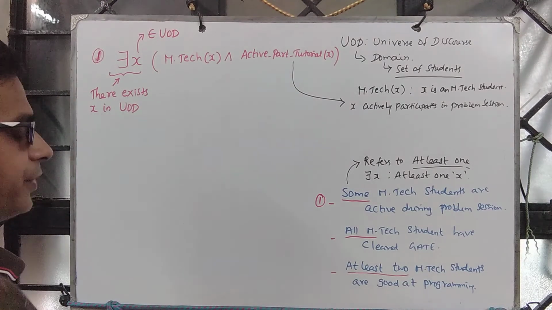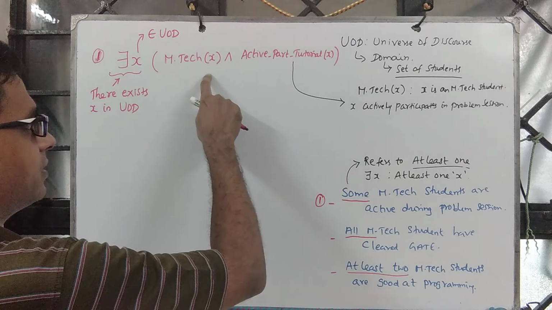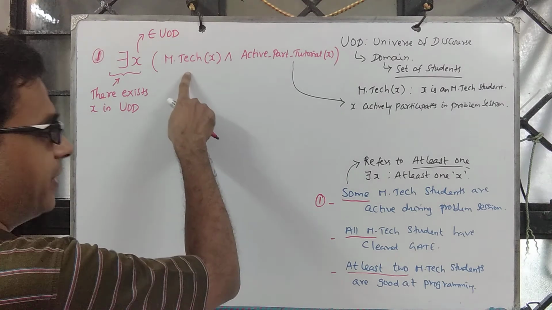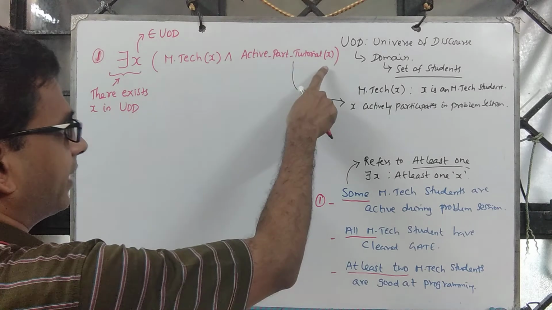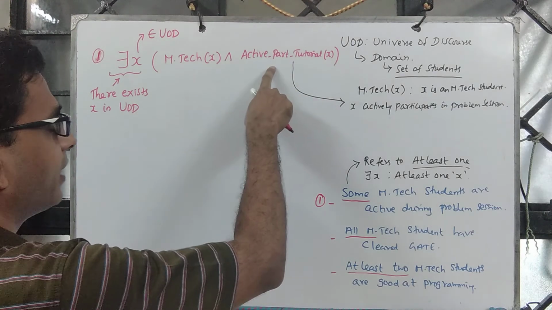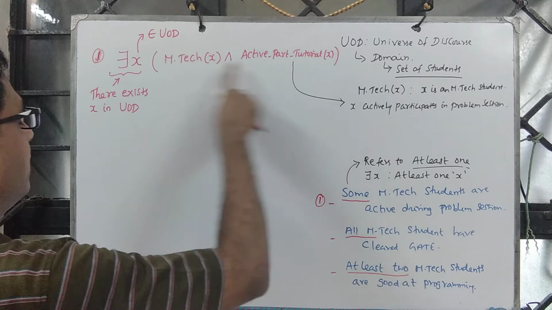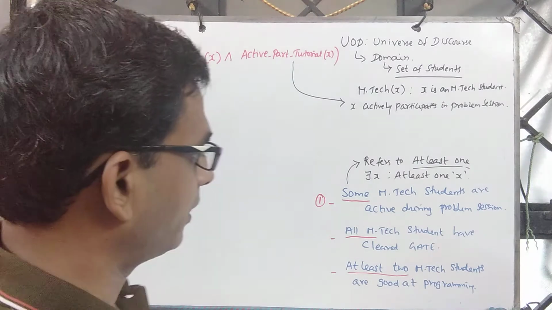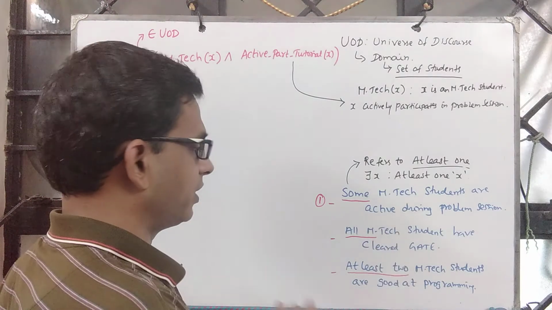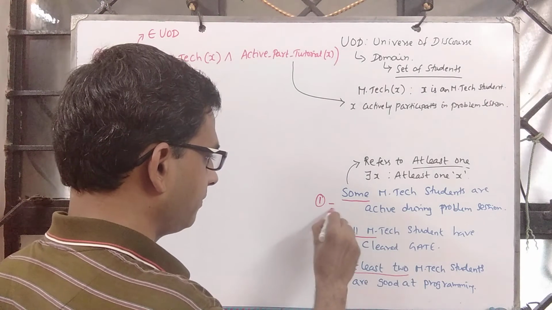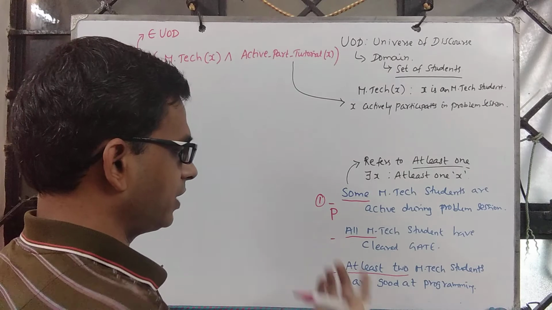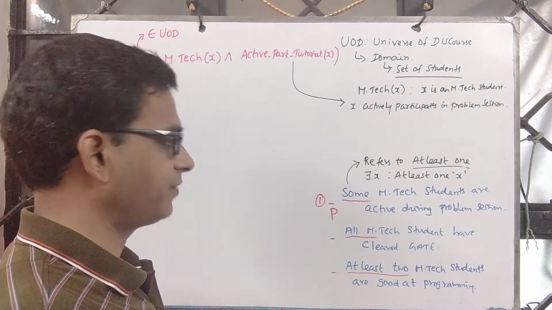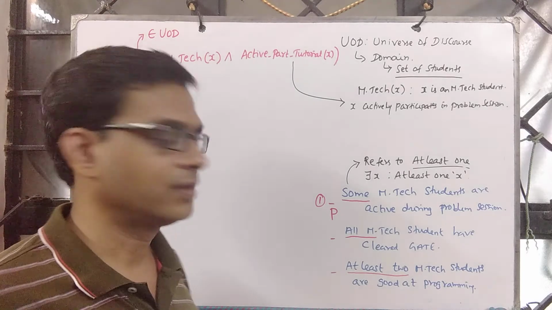Okay, so if you transform this to this, you see that it is capturing MTech, it is capturing the fact that X is participating actively in problem session and some X are participating. If you simply go for a propositional logic, we simply say it is P. But it is not telling anything about the statement more except the fact that it is a proposition.